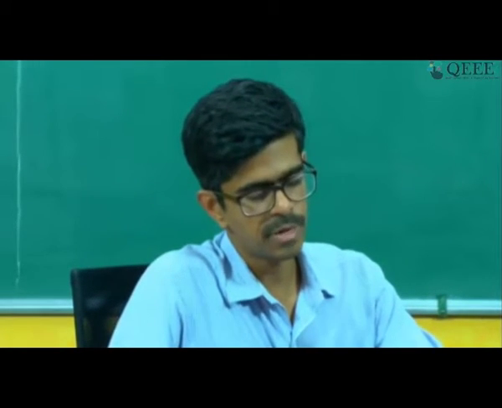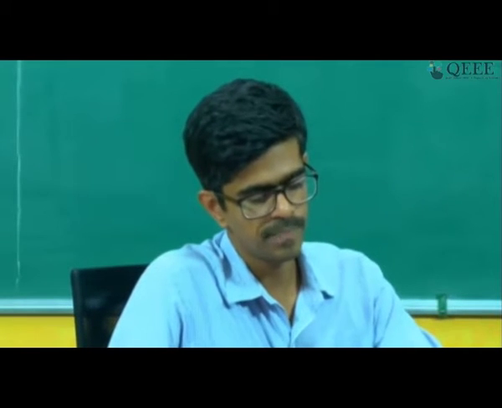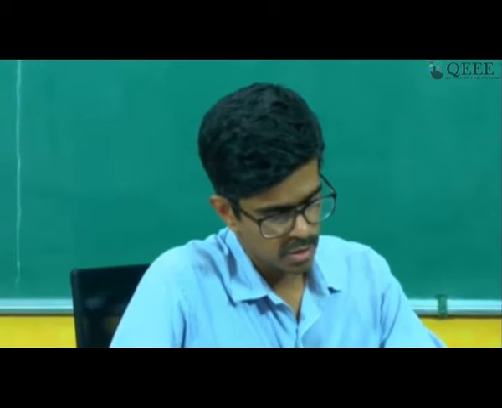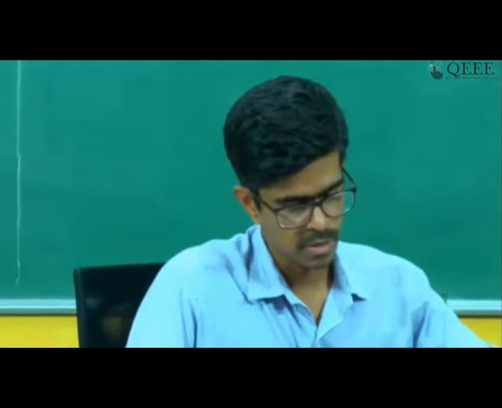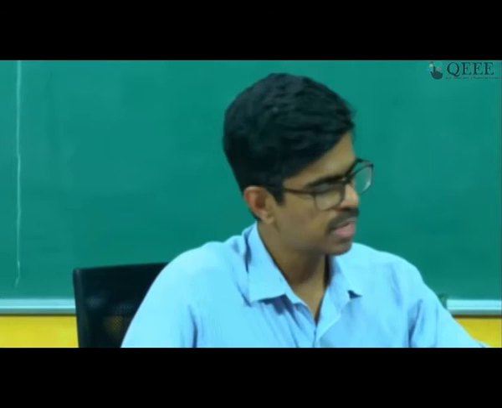So A congruent to B mod M means that when you take A and divide it by M, it leaves the same remainder as when B is divided by M. Next, this is also equivalent to saying that A is equal to B plus Km, okay, and also M divides A minus B.